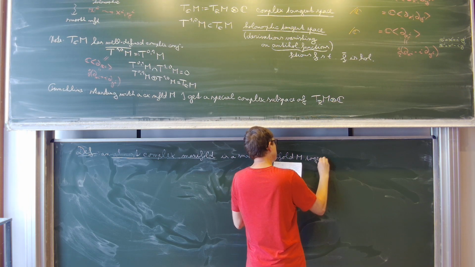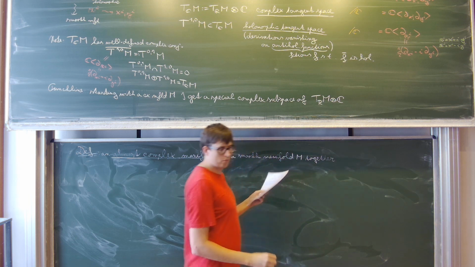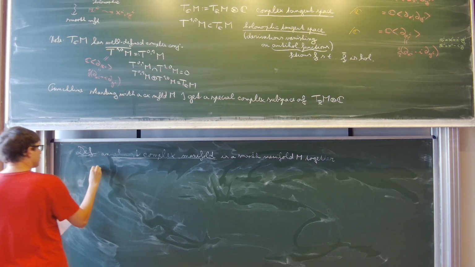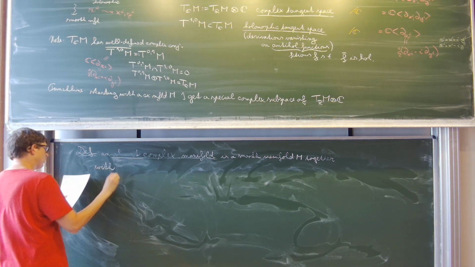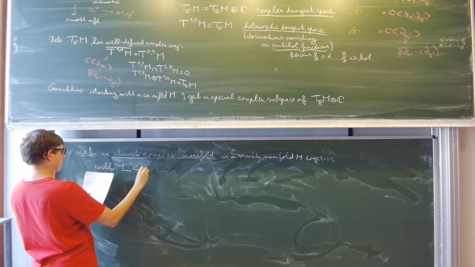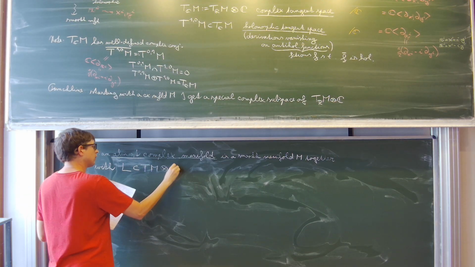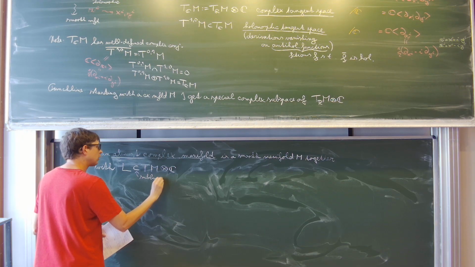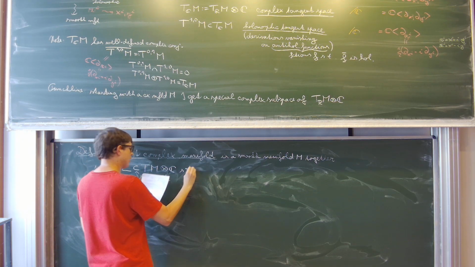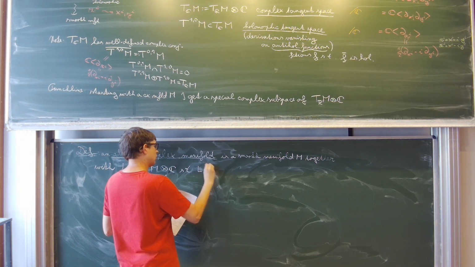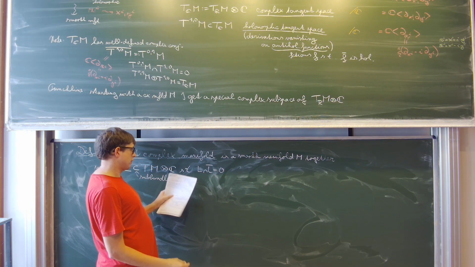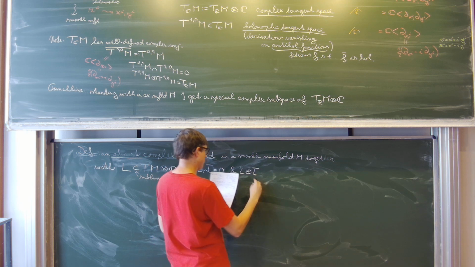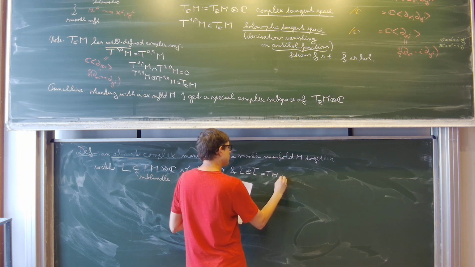together with, and now many people would say, a J tensor satisfying some properties. I don't like that, so I will instead say together with a subbundle of the complexified tangent bundle, such that L intersect L bar is 0 and L plus L bar is the complexified tangent bundle.